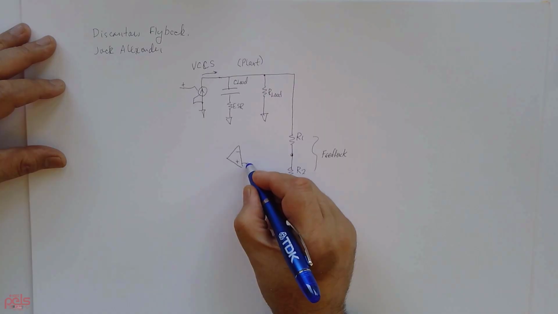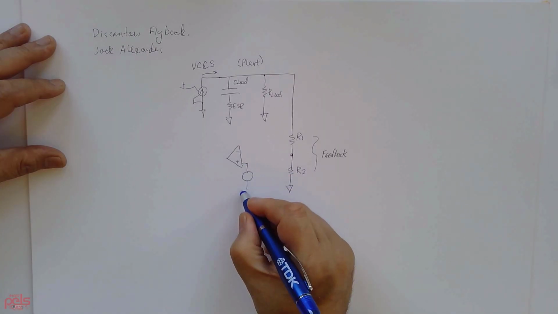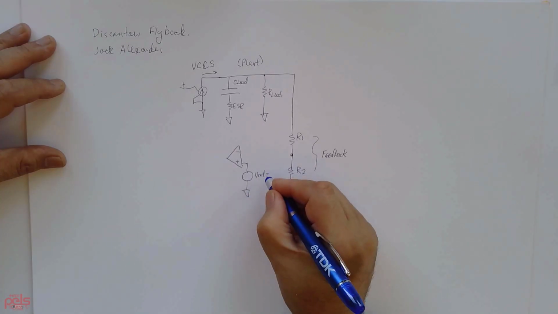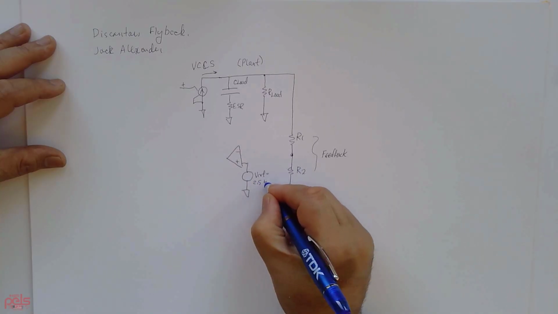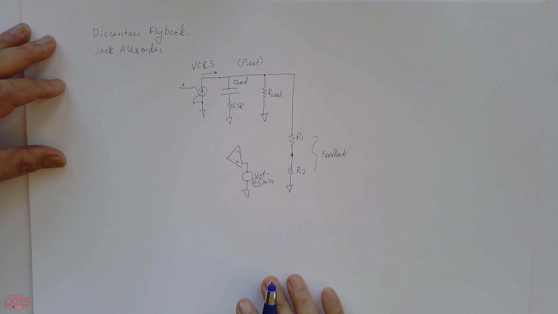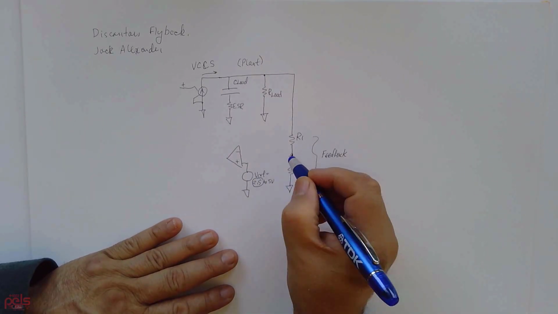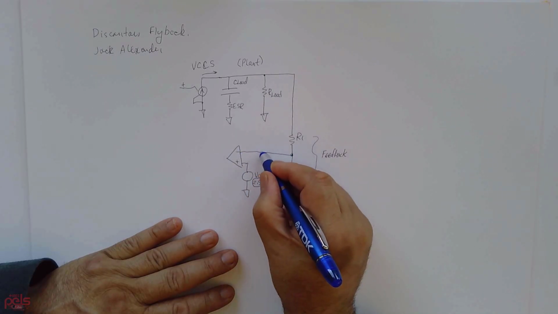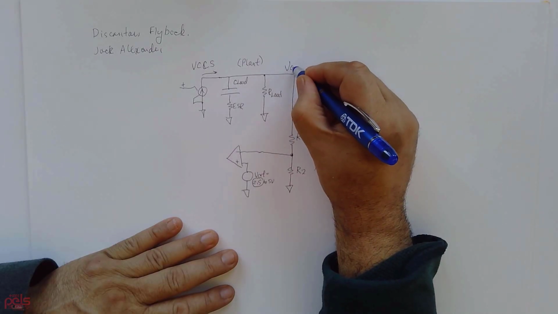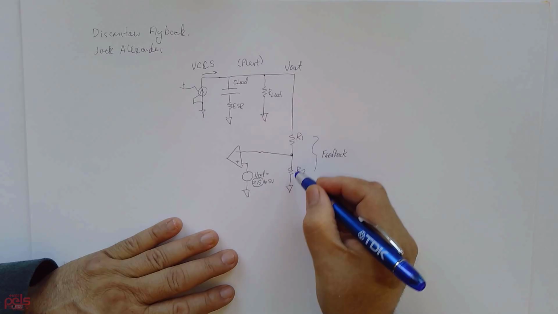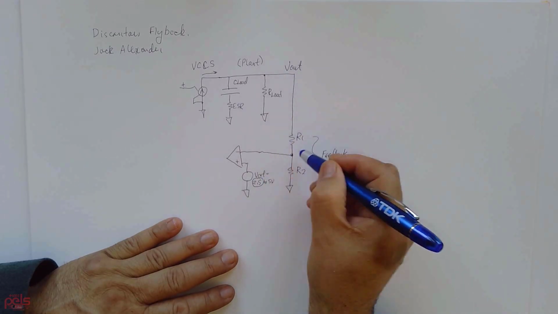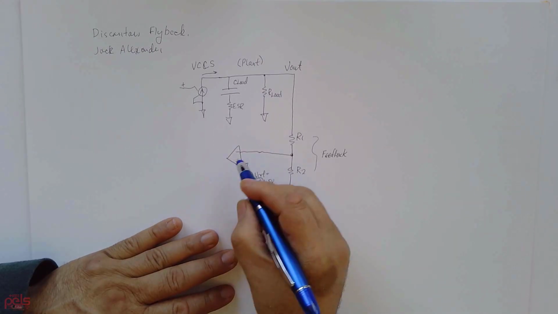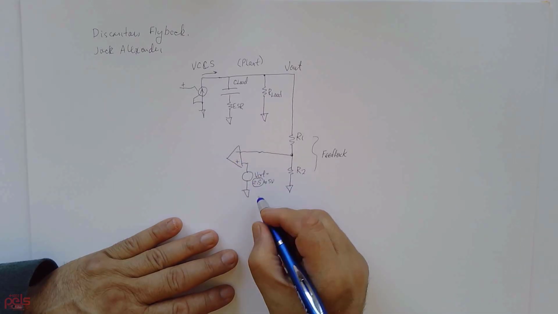On the non-inverting input is a voltage reference, VREF, which can be anywhere from 2.5 volts to 5 volts, but I've seen more 2.5 volts. From your inverting input, that goes back to your feedback. So you're sampling your V out, and through a voltage divider you're feeding some of the signal back in here. The error amp compares this voltage to the reference voltage, and you can think of the positive as the control.